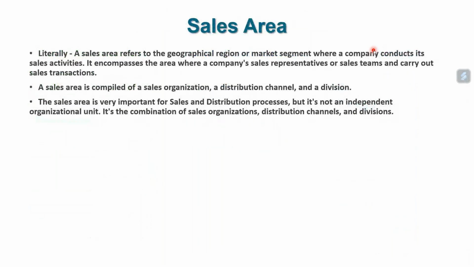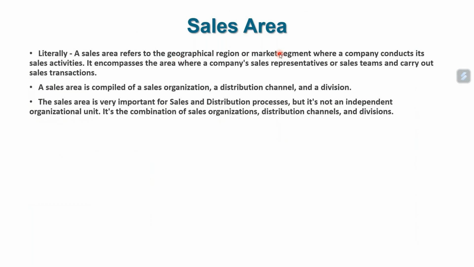Okay. Now, sales area is basically, if you look at a sales area literally, then it's a geographical region or market segment where a company is carrying out its sales activities, right? What is my area of sale? This is where we are starting today. So, what is my area of sale in the context of a geographical area or a market segment?